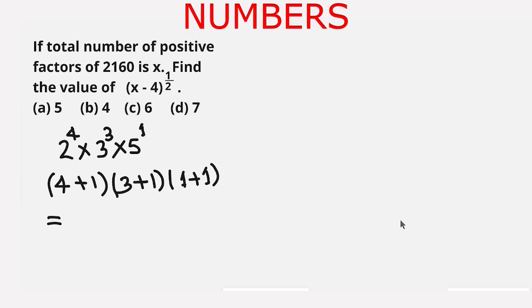So 5 times 4 is 20, and 20 times 2 is 40. This gives x equal to 40.